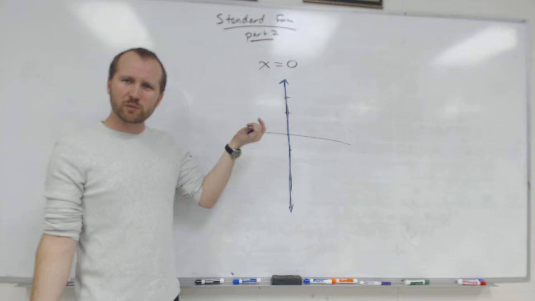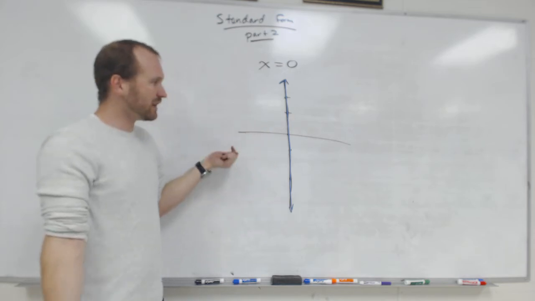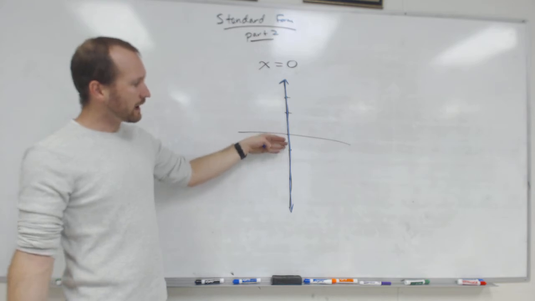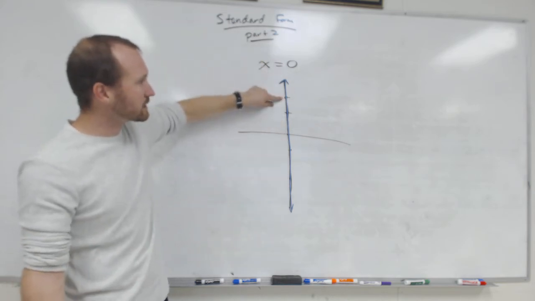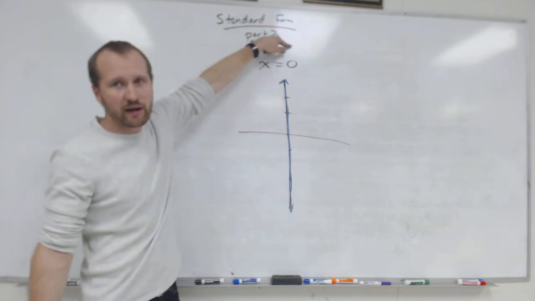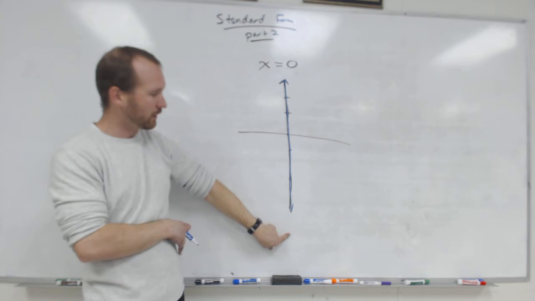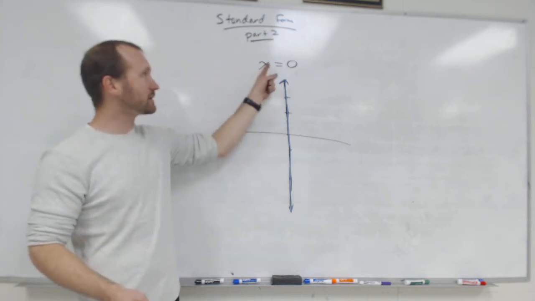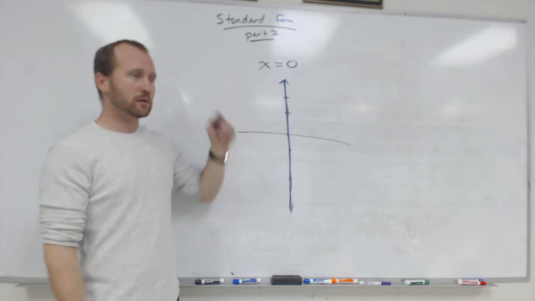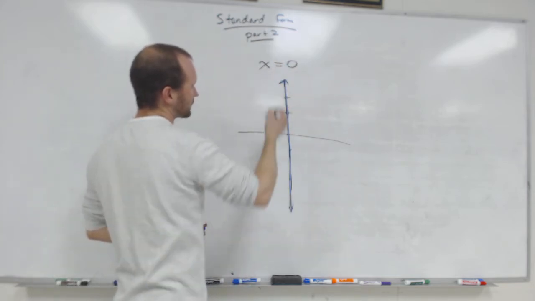This seems like a weird one at first, but it's really the same as those other ones we did. x always has to be 0. y can be anything. y could be 17 or 25 or negative 2,564, and x would still be 0. So that's the equation of the y-axis.